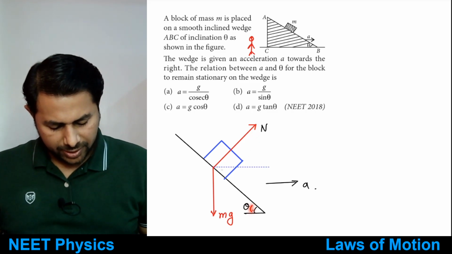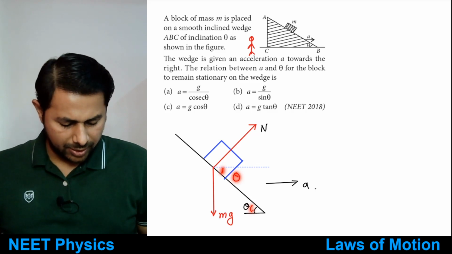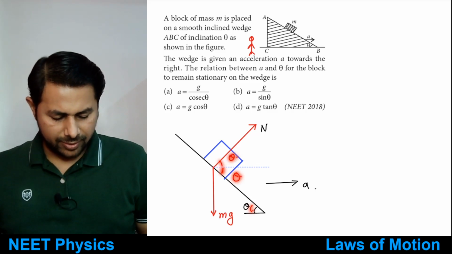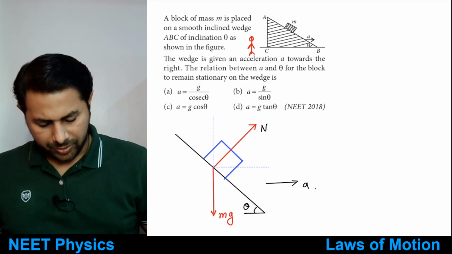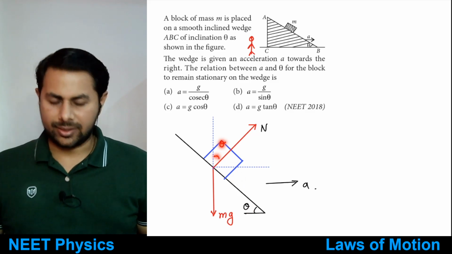So if this angle is theta, this angle is also equal to theta. This angle will be 90 minus theta. Then this angle is again theta.